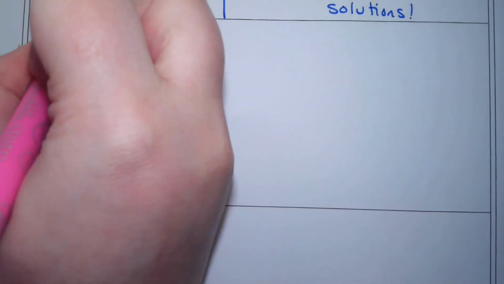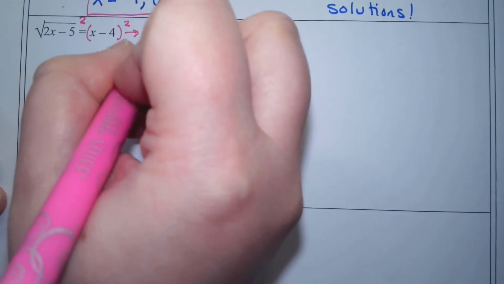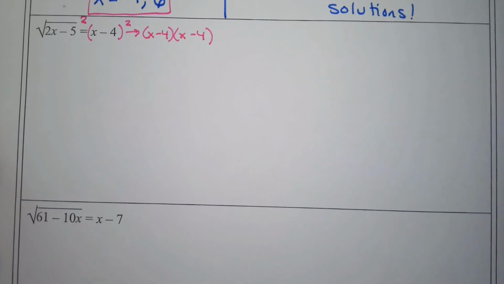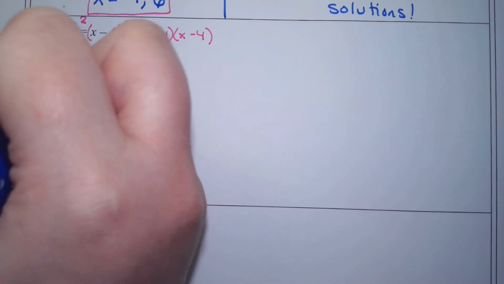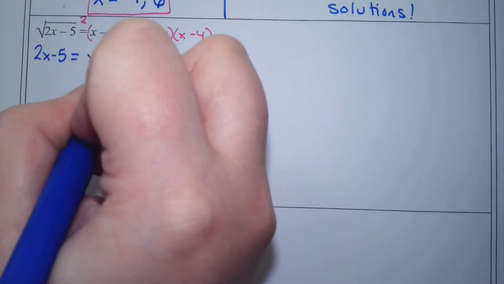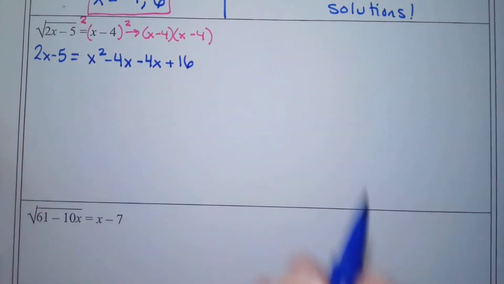So we start with squaring both sides. So this is going to be x minus 4, x minus 4. So 2x minus 5 is equal to x squared minus 4x minus 4x plus 16.